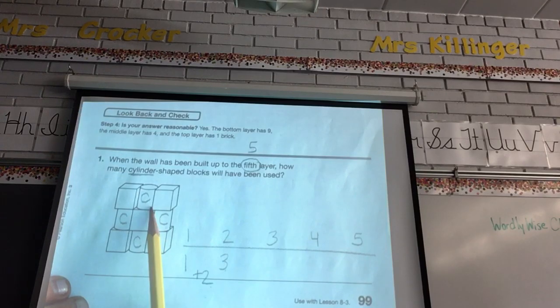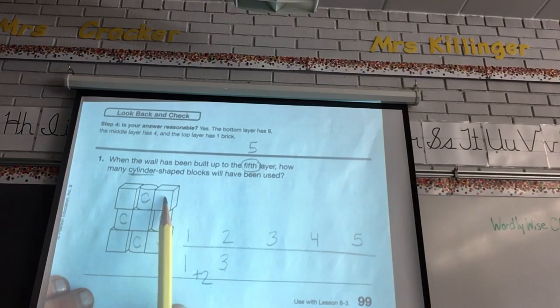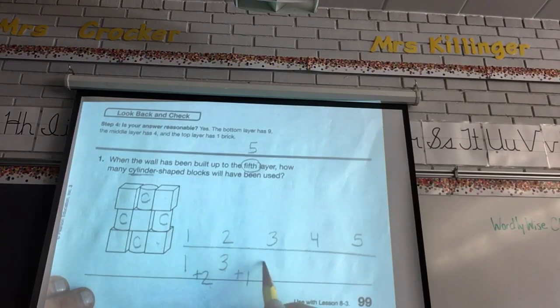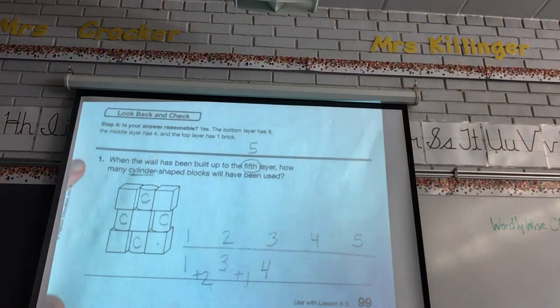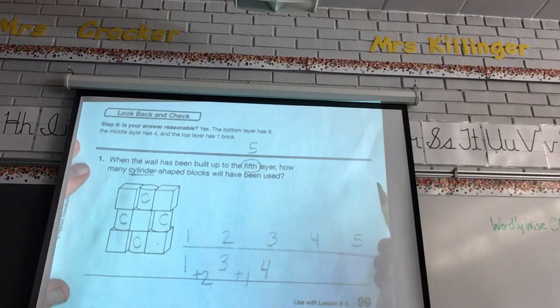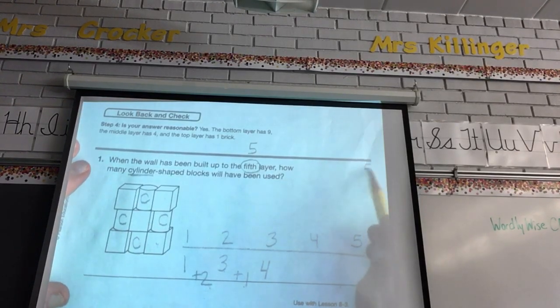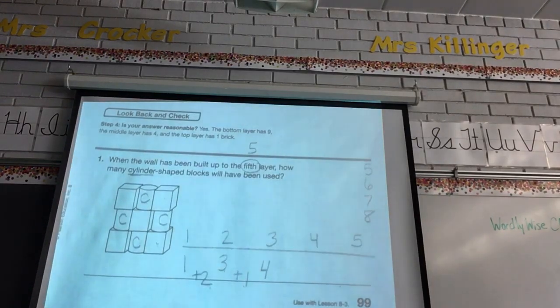Now in this third layer, we add 1 more to get 4 cylinders total. So continue this pattern, plus 2, plus 1, plus 2, plus 1. And you're going to tell me if your answer is going to be 5, 6, 7, or 8. Go ahead and pause the video and do that.